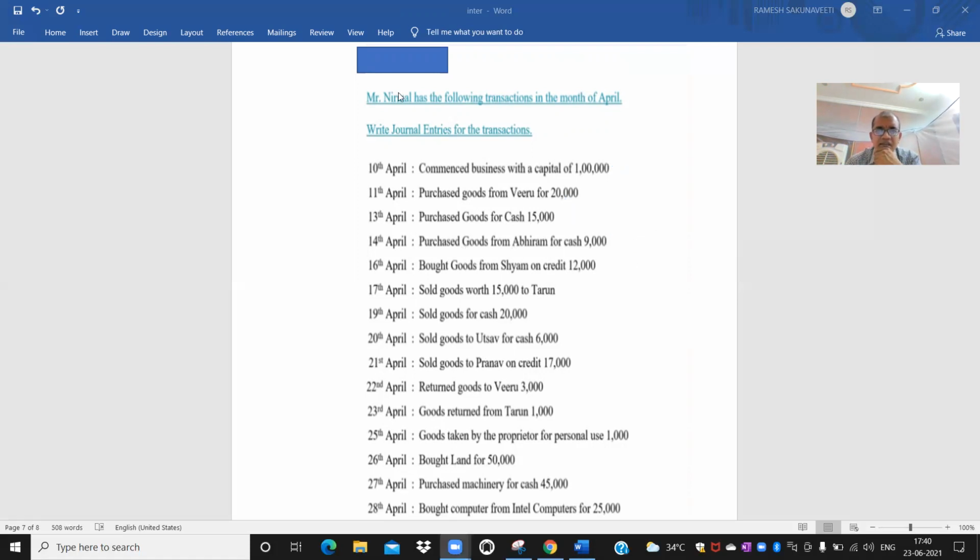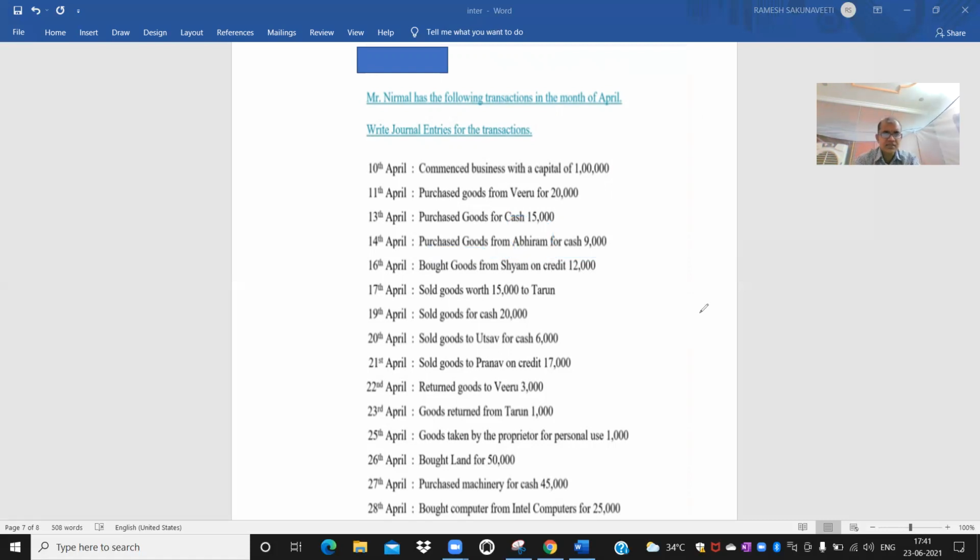Why is Abhiram important? It is a cash transaction, you need not take his name. Purchased goods from Abhiram for cash means this is a cash transaction, his name is not important. You simply mention purchases account debtor to cash account.